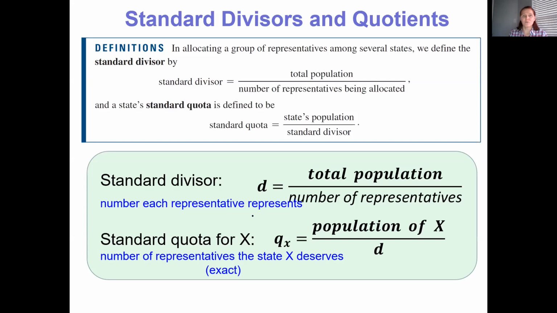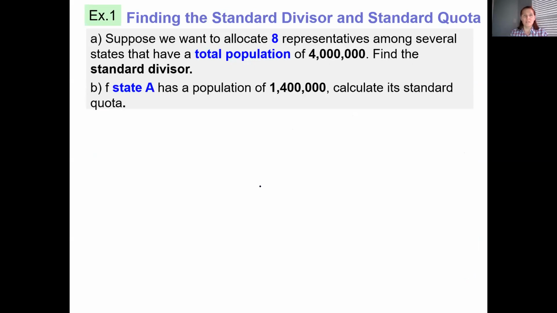The standard quota for X is the population of state X divided by the standard divisor. So the standard quota is the exact number that state X deserves. It is a number that has a whole part and a fractional part. This is the number that we calculated in the Hamilton method, the standard quota of X.